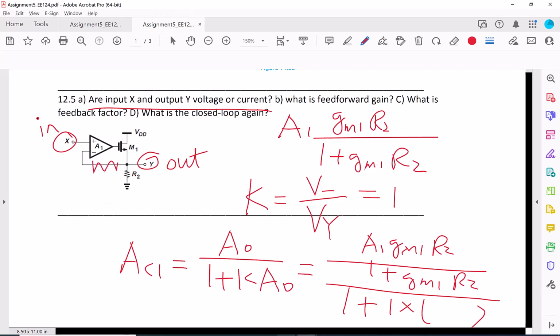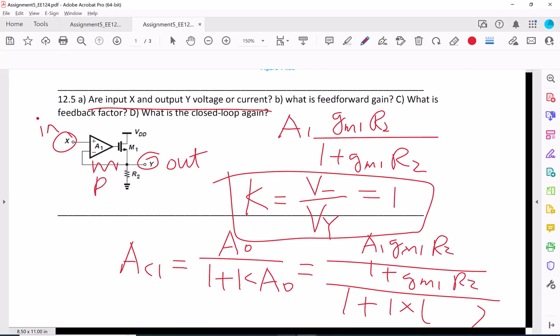No, what's the definition of K? Give me the definition one more time. I mean, in this case, right? What's the definition of K? V minus divided by Vy, right? So now he decided to put a resistor here. What is K now?